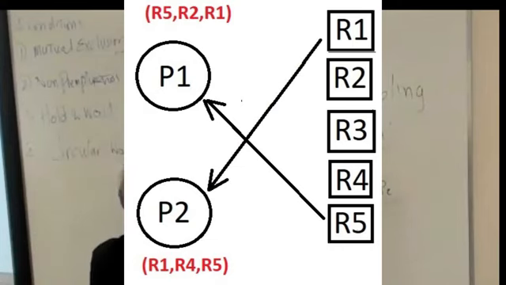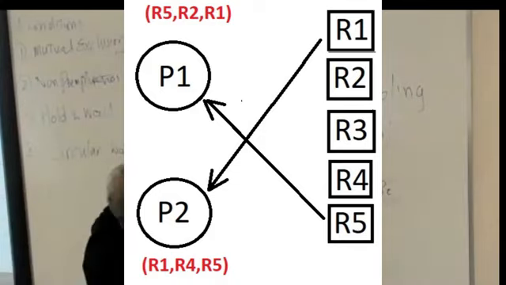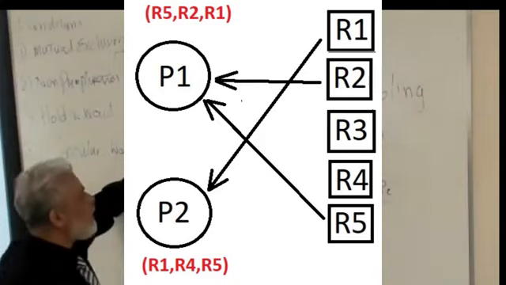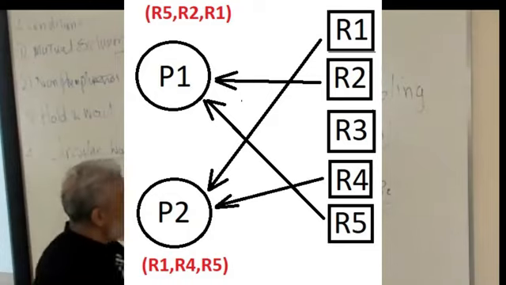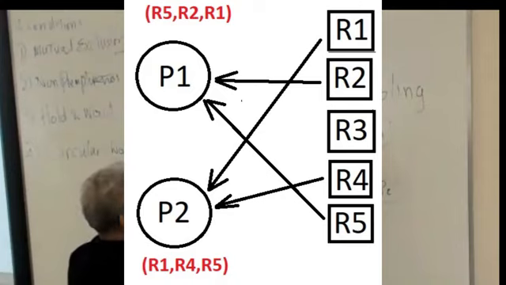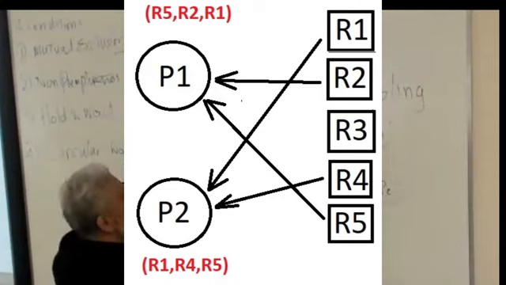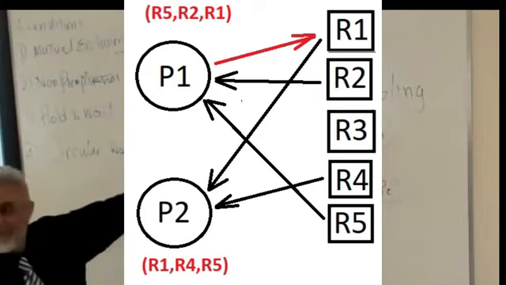Resource 1 is free, so we allocate it. Then process 1 asks for resource 2, so it gets resource 2. This one needs number 4. This one now says, I need number 5. Process 1 needs resource 1. So this one wants resource 1, it can't have it.